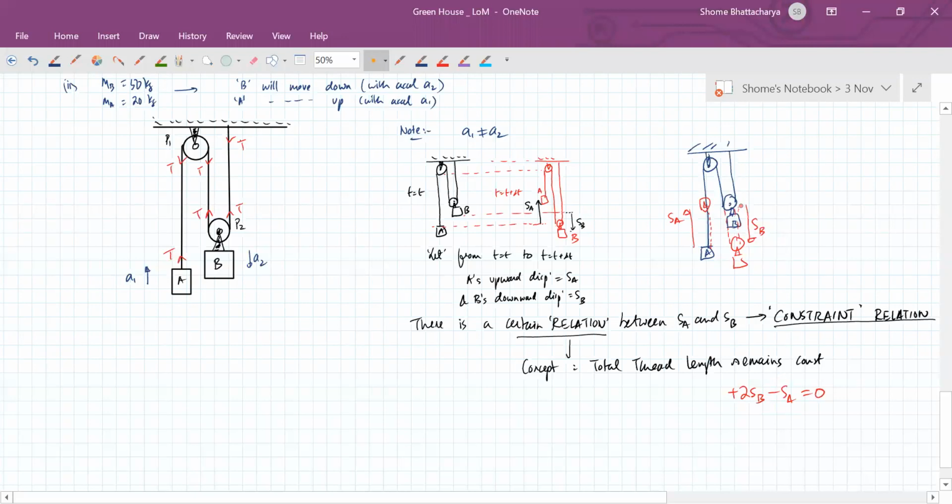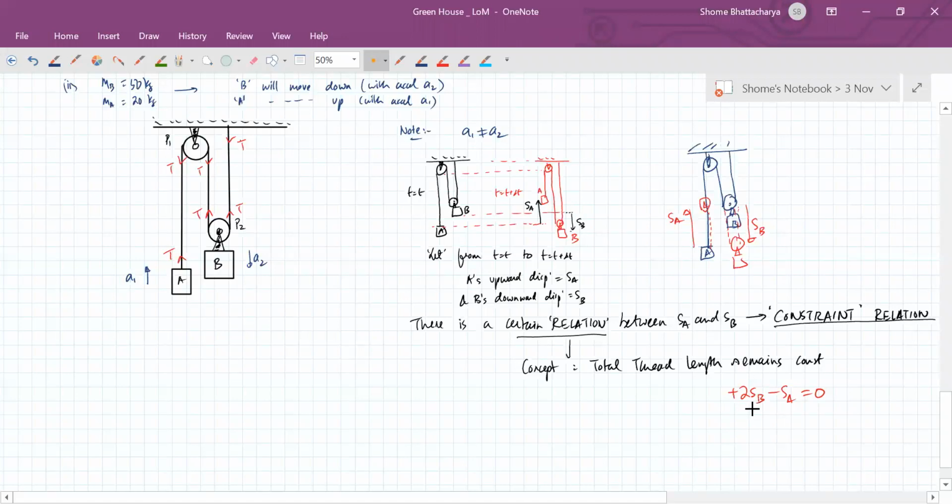So the amount of thread being pulled should be equal to the amount of thread being released from this side. Likewise in this diagram, if A goes from this position up to this position, it is releasing SA amount of thread. But on the other side, B is coming down by SB, so it's pulling 2 times SB.